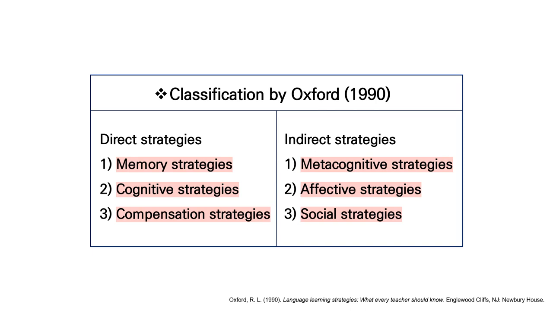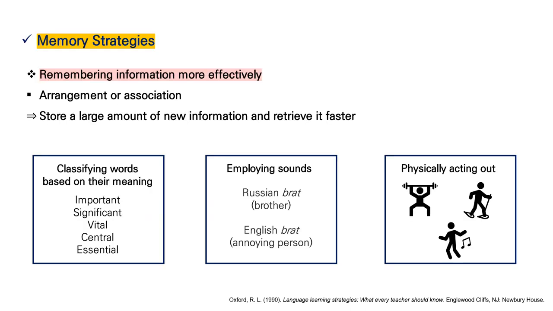Indirect strategies do not use the target language directly but support language learning. Those strategies include metacognitive strategies, affective strategies, and social strategies. I'm going to explain each of the learning strategies with specific examples.